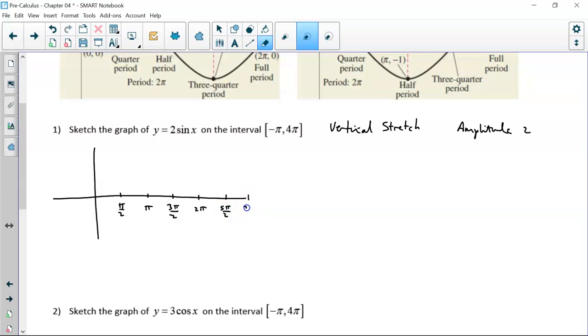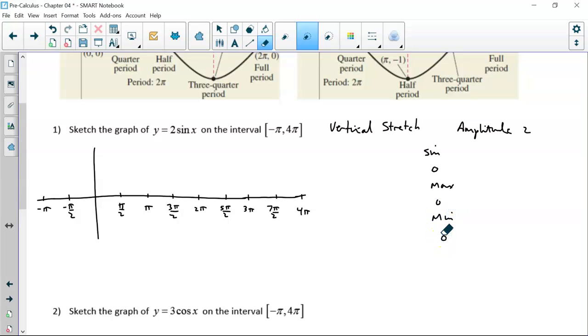I have my 3 pi, 7 pi over 2, and then 4 pi. And it wants us to go back. So there's my negative pi over 2 and my negative pi. Now, I keep it simple. I know that for sine, I'm going from 0 to the max to 0 to min back to 0.